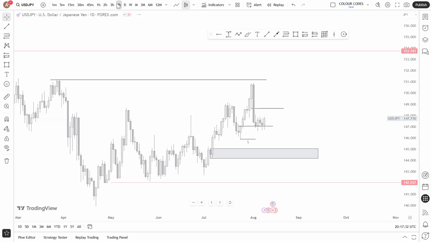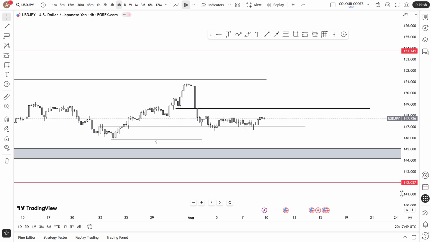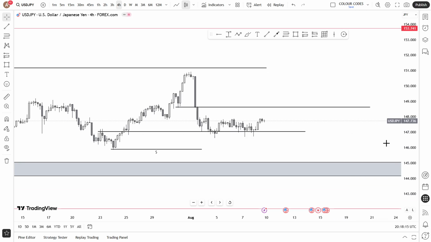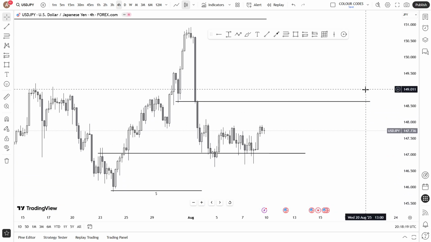Let's go to the 4H. So on the 4 hour time frame, this is what we have.